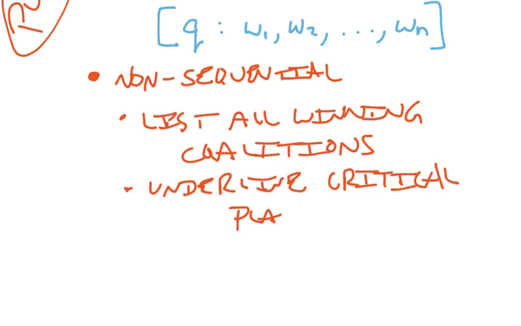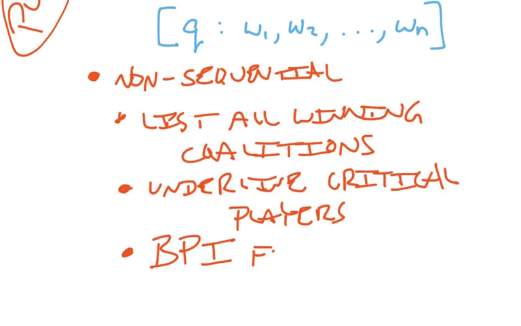Critical players in all these coalitions. And then to determine the power that each of these players has, the name for this power index is the BPI, the Banzhaf Power Index.